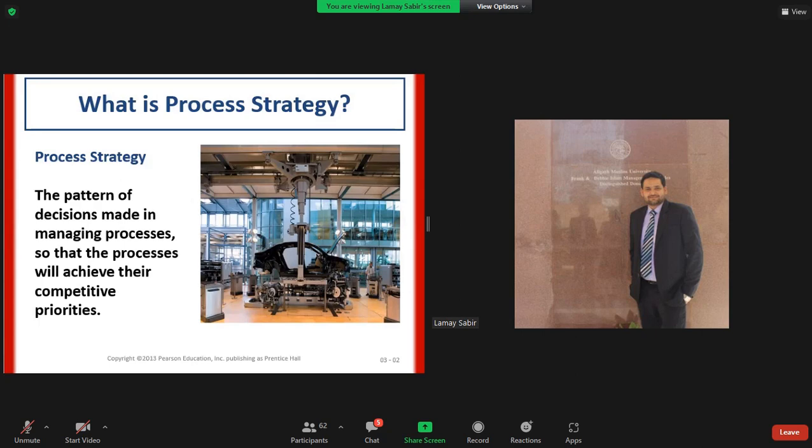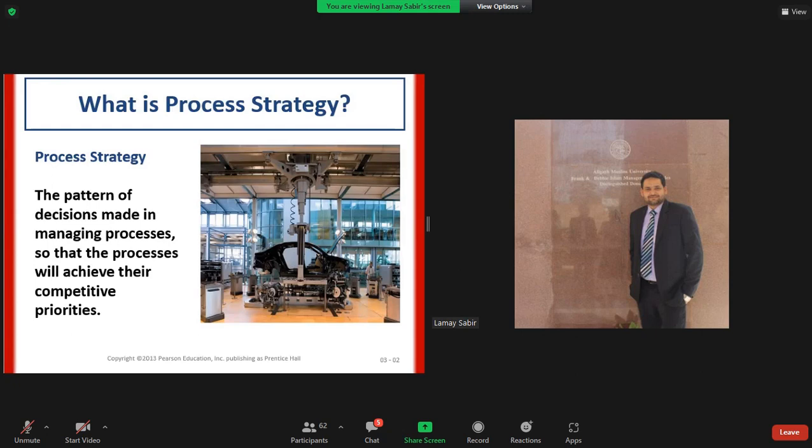So the process strategy basically speaks about how a work or a job is actually performed. And if the performance is not up to the mark, then it should be redesigned. We need to change that. We need to improve that. And the operations managers' job mostly is to keep improving all the existing processes.